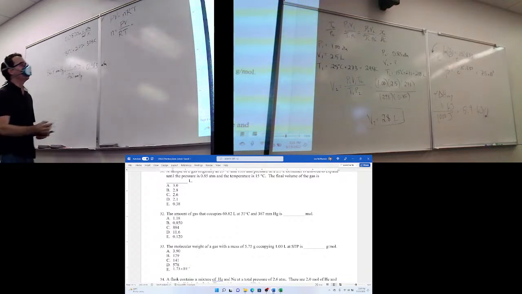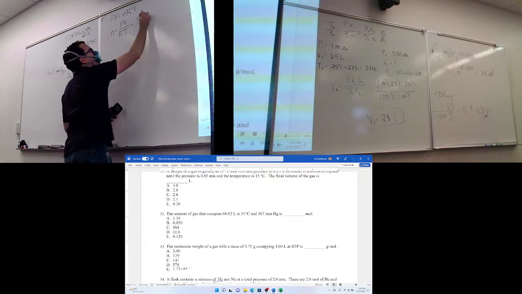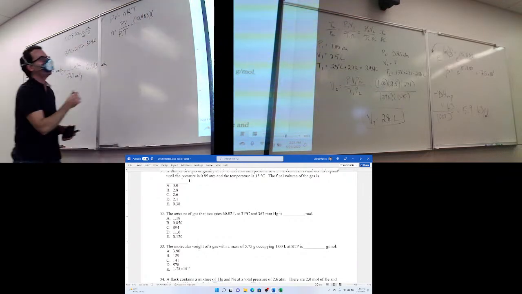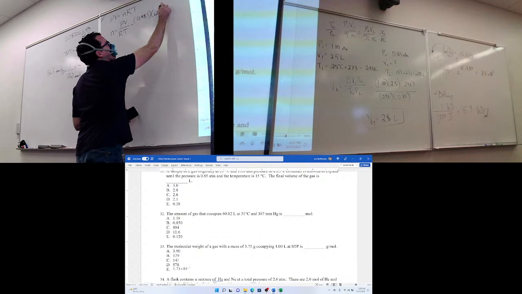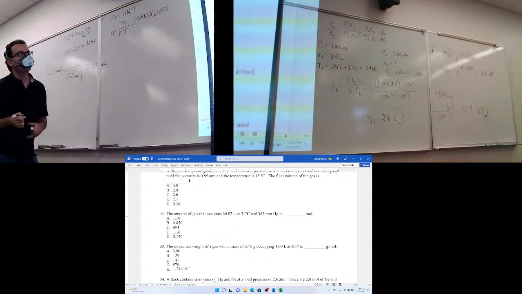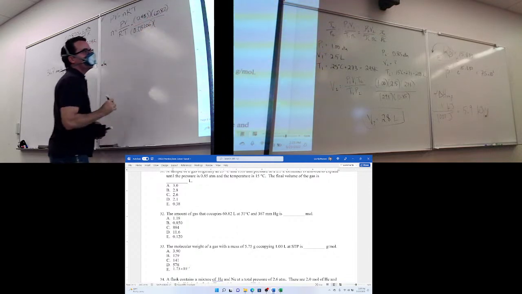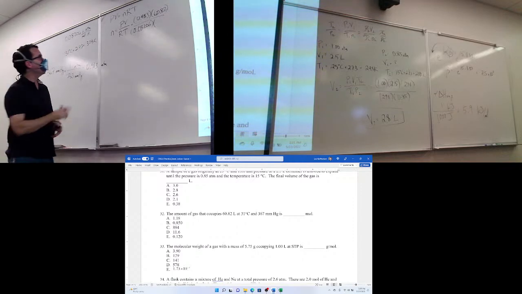So P, 0.483. I'm going to leave the units off again. Liters, 60.82. That's actually a pretty big volume. R, 0.08206. And then T, 304.